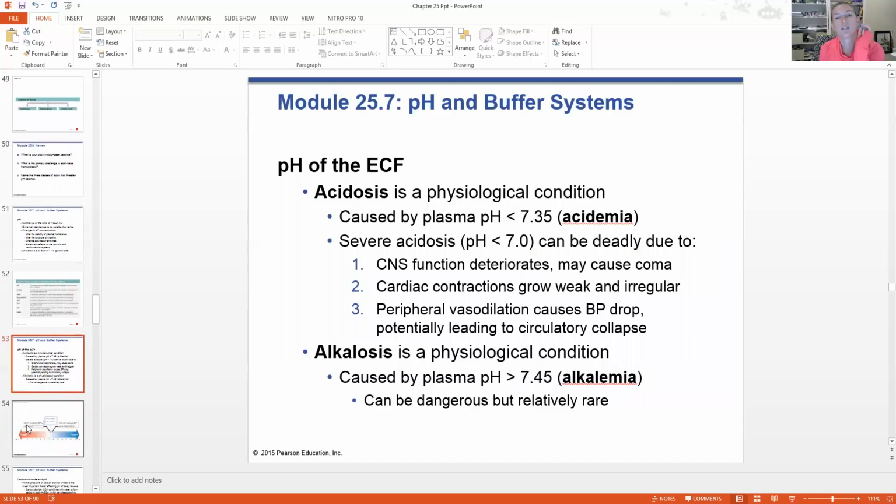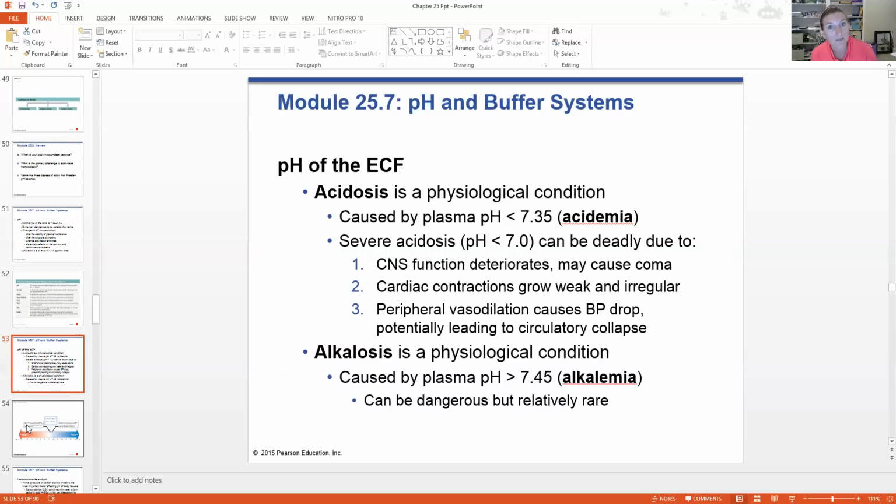So let's talk about conditions that persist in the extracellular fluid compartment. Acidosis is a physical condition when your pH is below 7.35. It can be deadly. Your central nervous system function is going to deteriorate. Your cardiac contractions are going to grow weak and very irregular. Vasodilation is going to cause your blood pressure to drop and can lead to circulatory collapse.